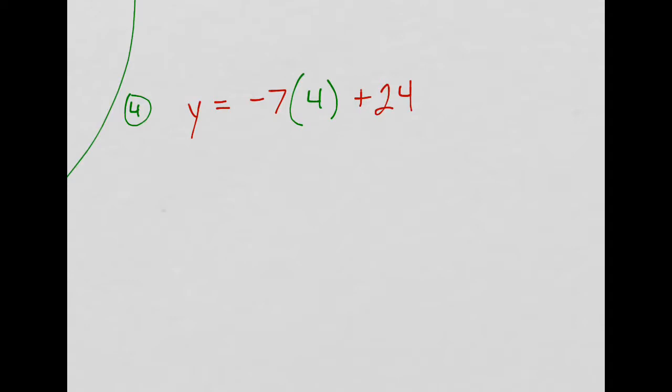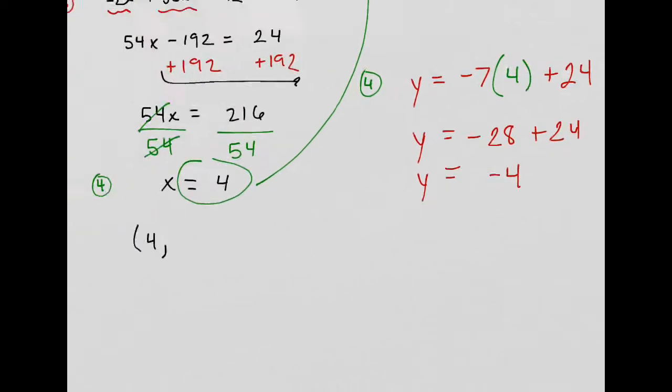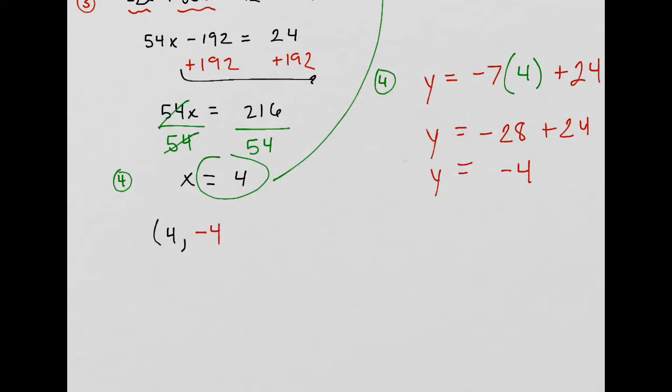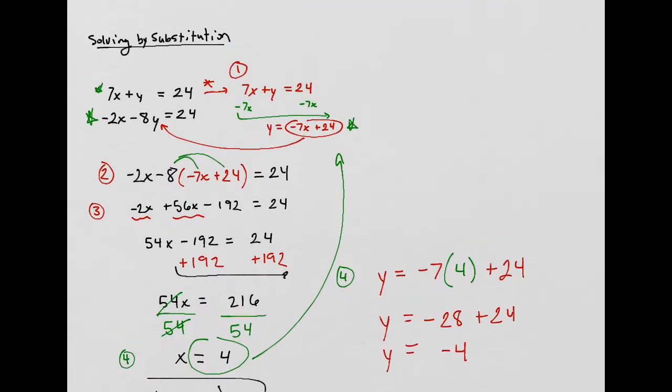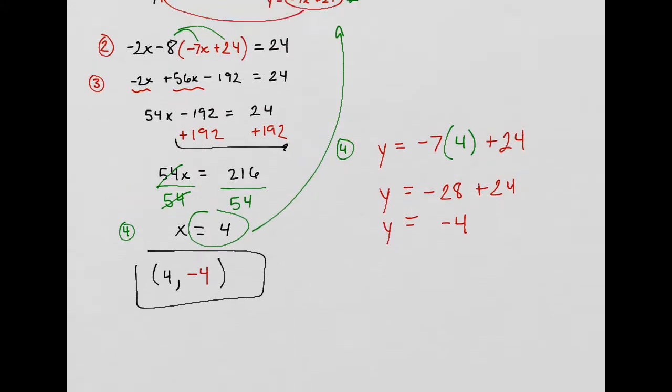So negative 7 times 4, that's simply negative 28 plus 24. That means y equals, combine like terms, negative 4, because this is bigger in magnitude, but negative. So I have negative 4 there. That is my answer. So the point where these two lines intersect is at 4 comma negative 4.